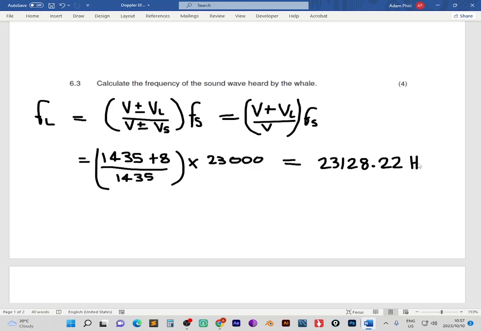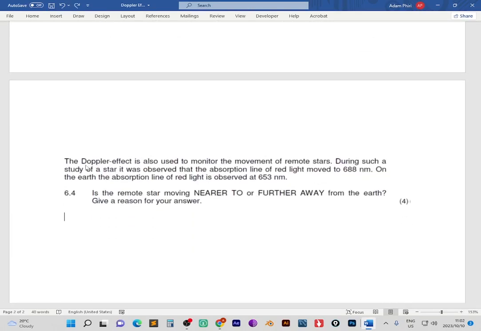So that's about 23,000 Hz. That is the frequency with which the listener observes.